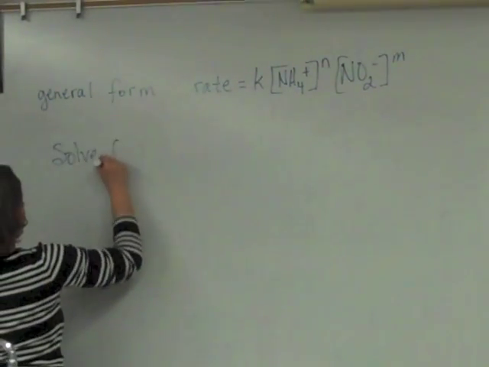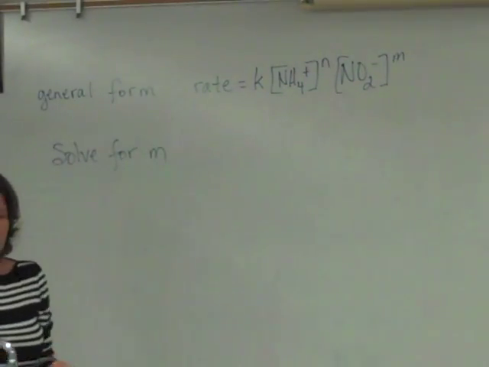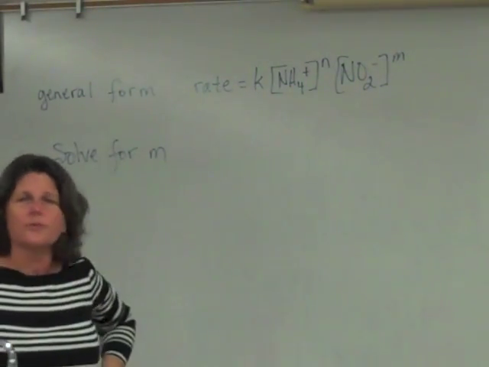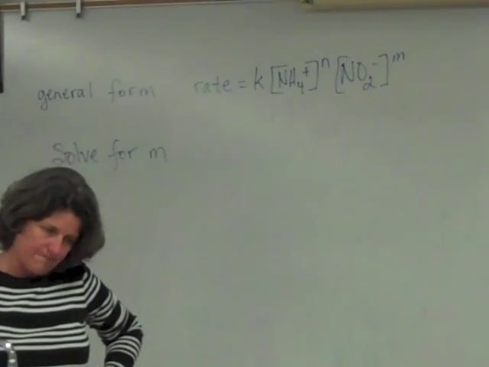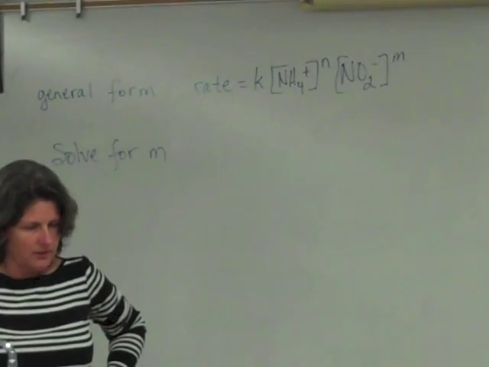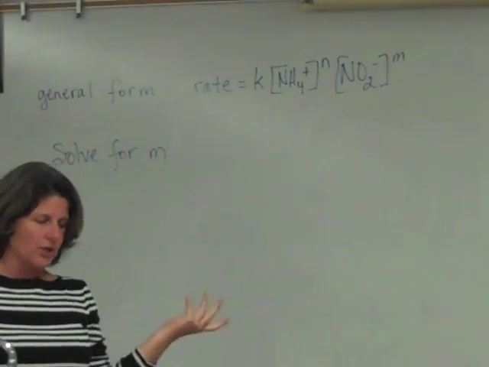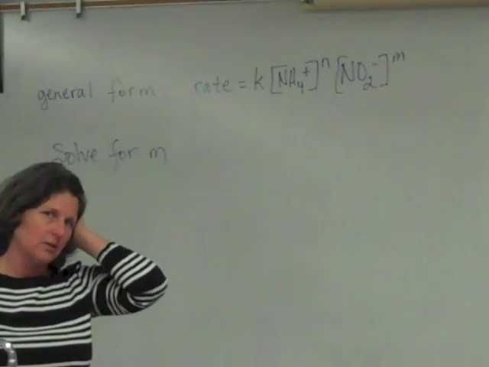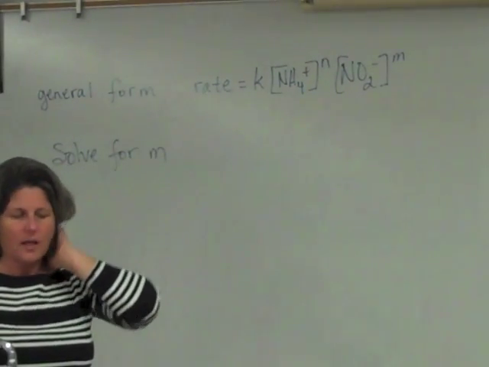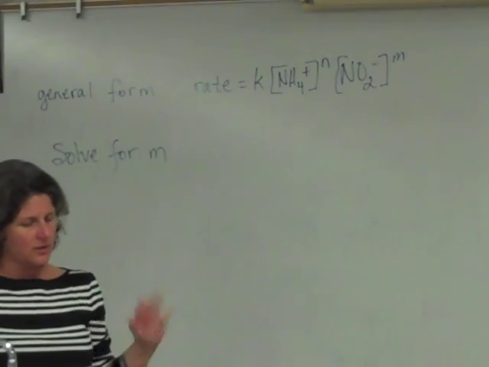I'm going to look for the 2 experiments where ammonium is kept constant and nitrite changes. And we know that that is experiment 1 and 2. So we're going to use experiment 1 and 2 to do this mathematically.